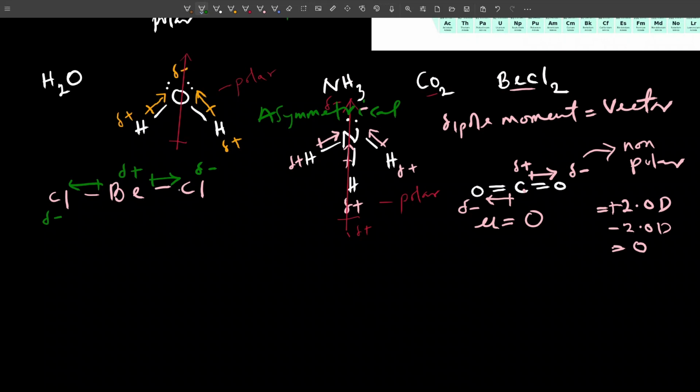So there will be a dipole moment in this direction and also in this direction, of equal magnitude but different direction, that's different signs. That's like I did for CO2, because BeCl2 is linear. The dipole moments cancel out, giving a net dipole moment of zero, which means that BeCl2 is non-polar.